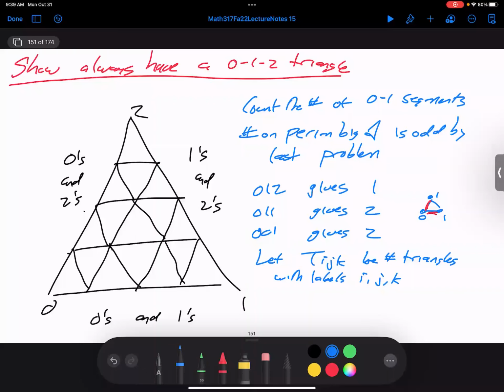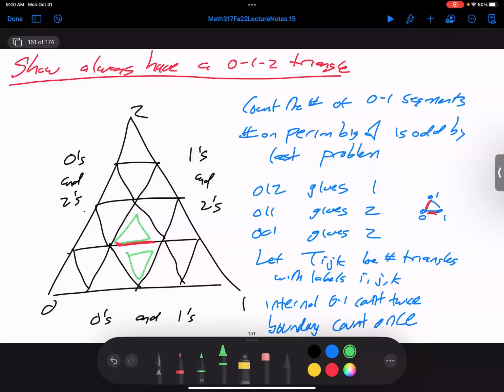Twice. So internal 0, 1 count twice. Boundary count once. So does everyone agree that the internal segment is going to be on 2 different triangles? If I look at this one over here, it's on this triangle and on this triangle. But if I take the segment down here, it's only on 1 triangle. Right?